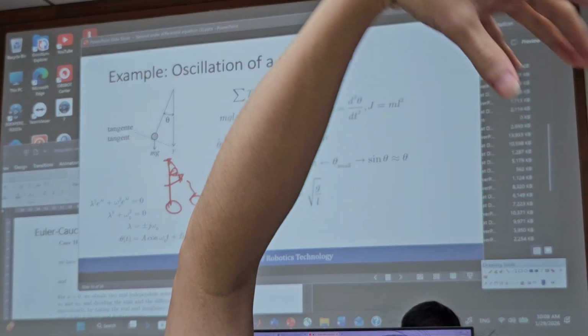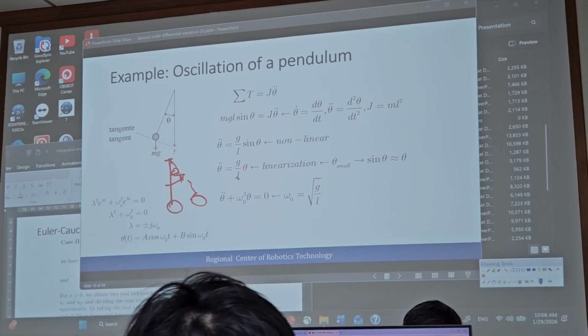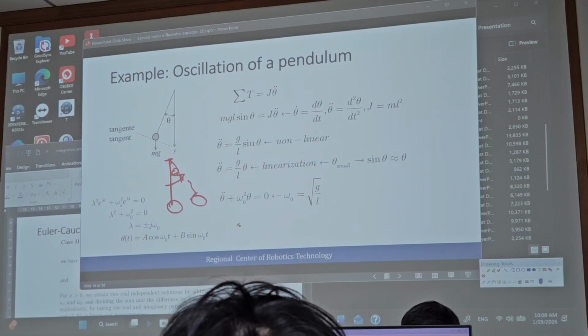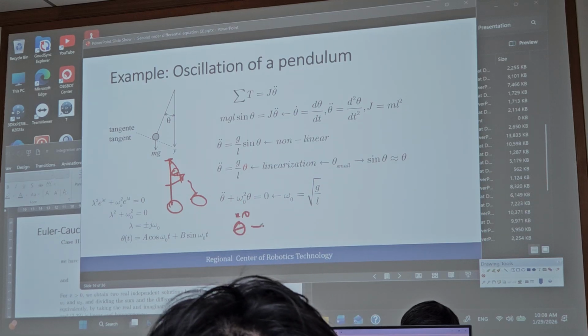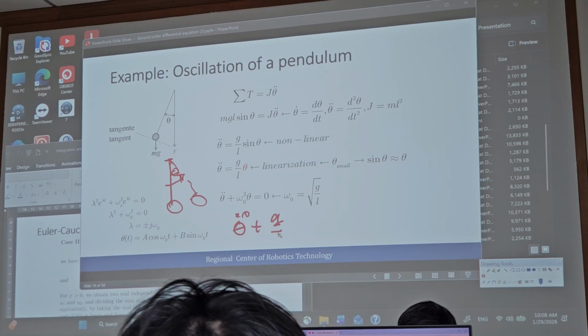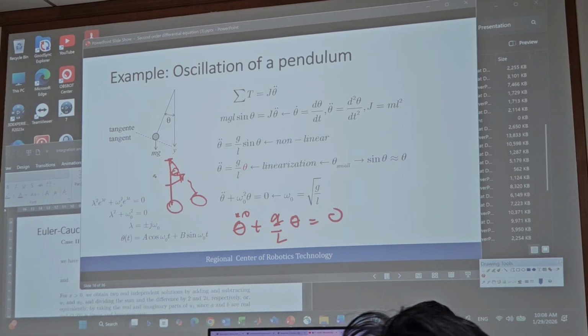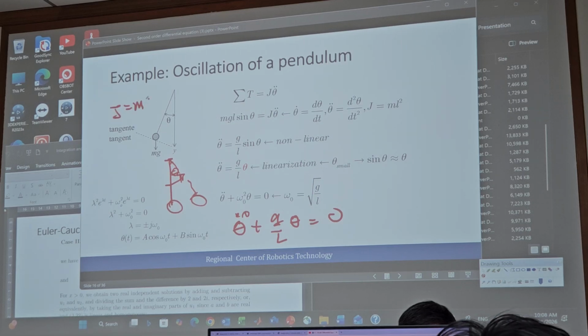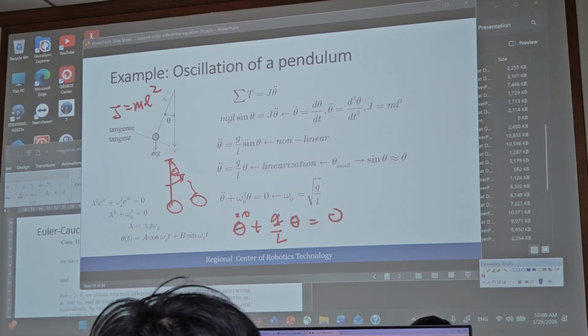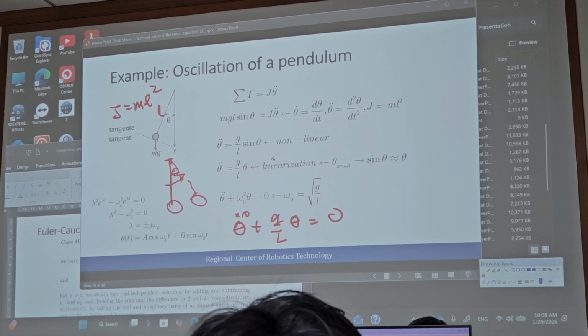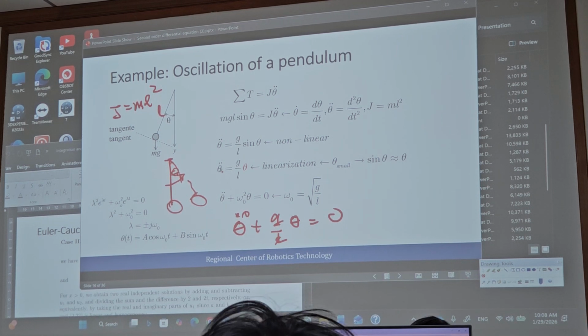Actually it will be something like g over L theta. J of this one is ML squared, so you substitute this one.